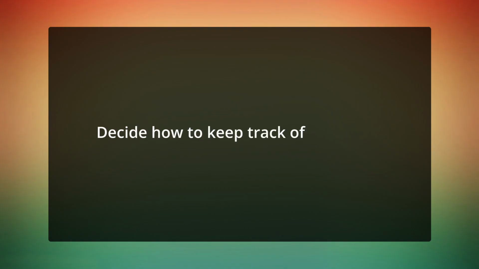Decide how to keep track of behaviors. Herein, mentally noting these behaviors is one approach to raise awareness, but writing them down can also be helpful. This can entail keeping track of frequency, length, or intensity on a piece of paper or via a mobile app.